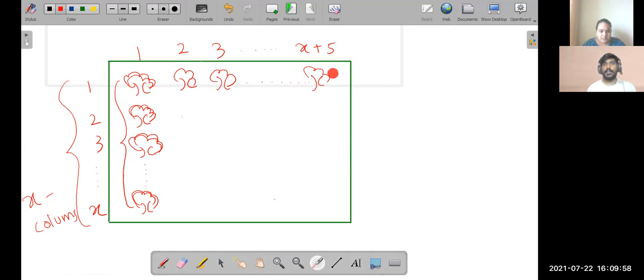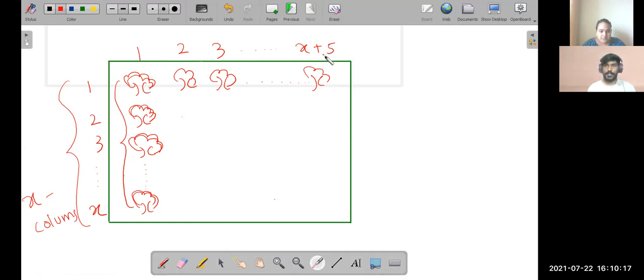And they are saying in the row, there are 5 more trees than the column. So if the column has X trees, then the row will have X plus 5. So there are X plus 5 trees in the row.